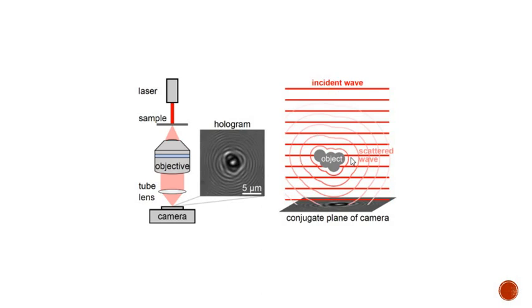This is the incident wave, and the object is in the middle, and the panel of the camera is projected onto the tube lens, and that produces waves around the particle when it is moving around. And this is how the simple holographic microscope works.